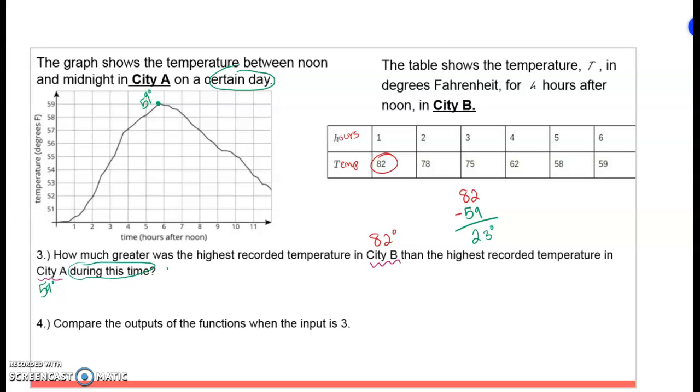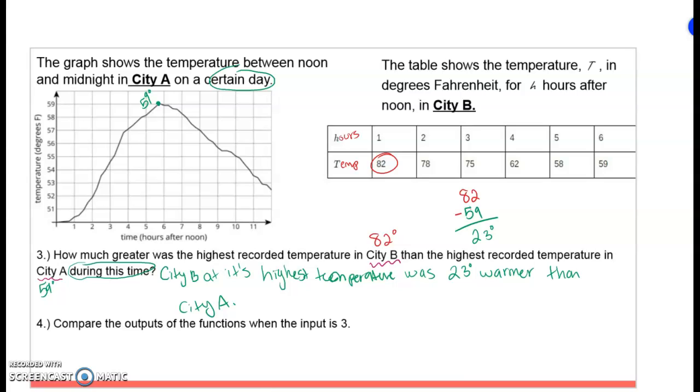So we can say City B at its highest temperature was 23 degrees warmer than City A. So City B seems to be kicking butt throughout this problem.